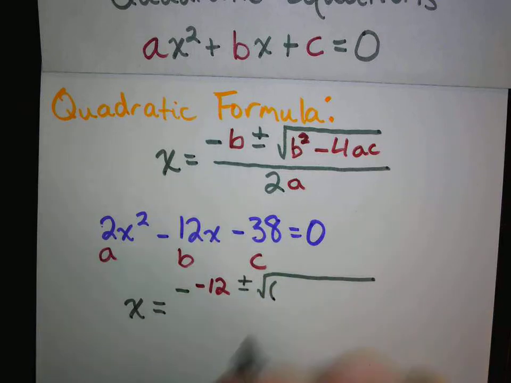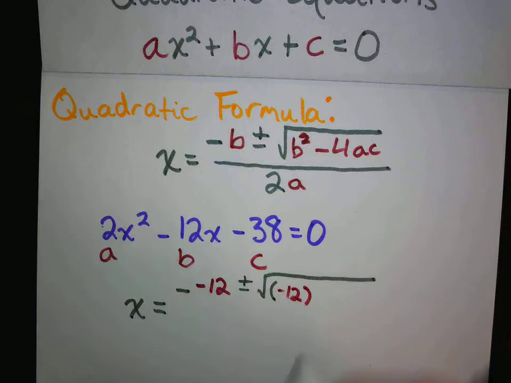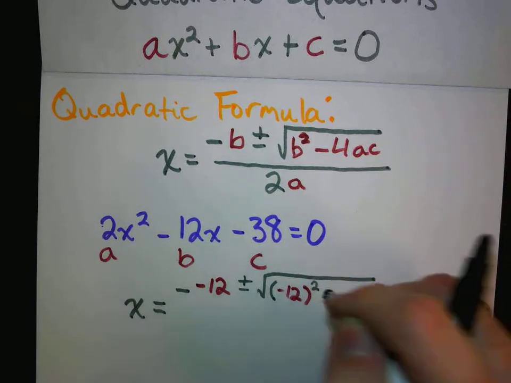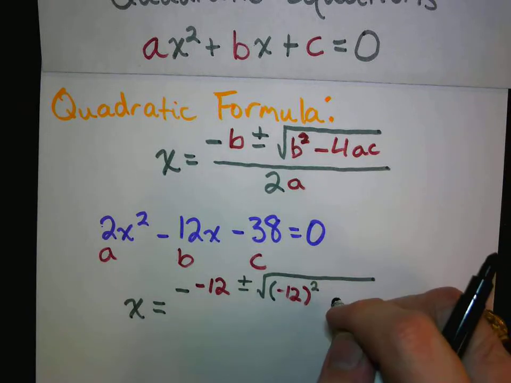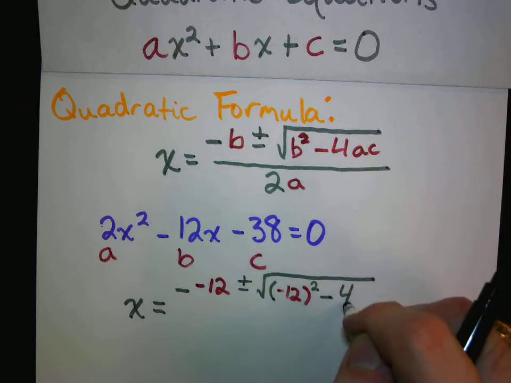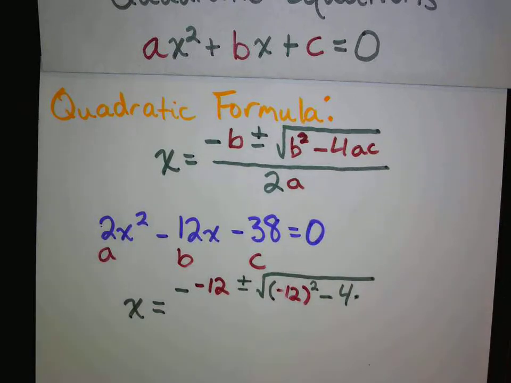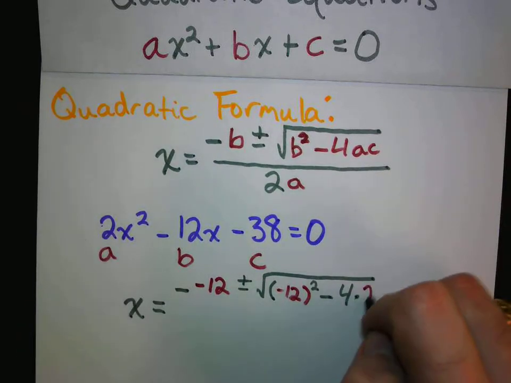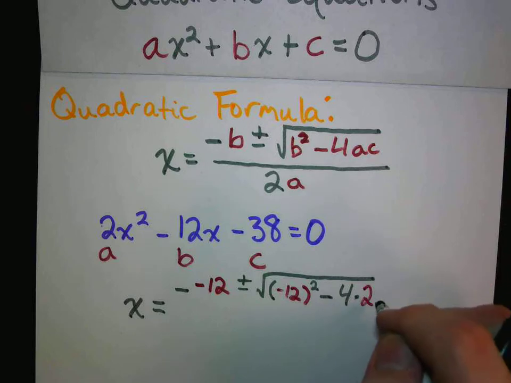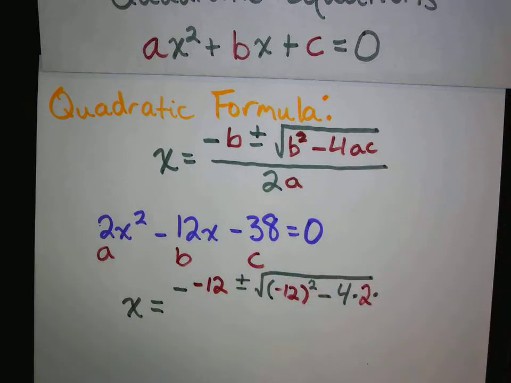We're going to put b in parentheses and then square it. b squared minus 4 times a, which in this problem was 2, and c in this problem is negative 38.